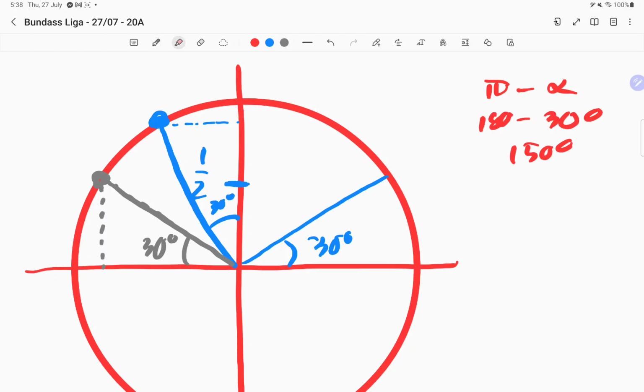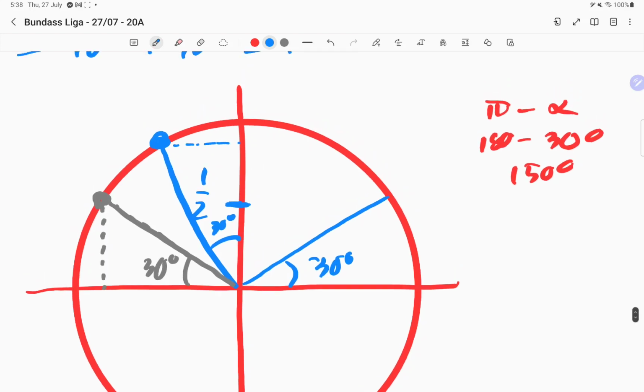The blue is on the sine axis and the angle is the one in between. Note that these two triangles are congruent triangles, which means that the side on the top here is the same as the side over here. Does it make sense?